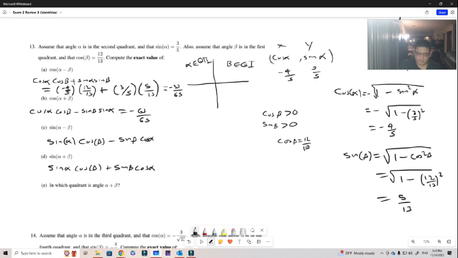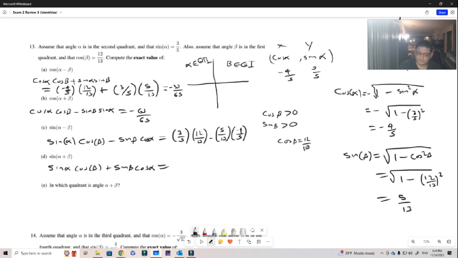And then we just have to replace each of the values that are given. So 3 over 5, 12 over 13, minus 5 over 13, minus 4 over 5.